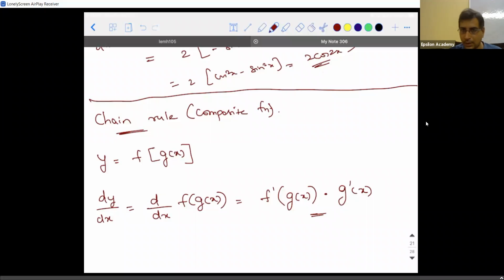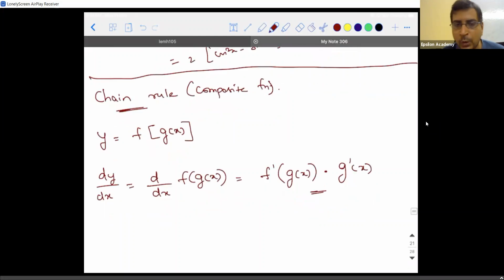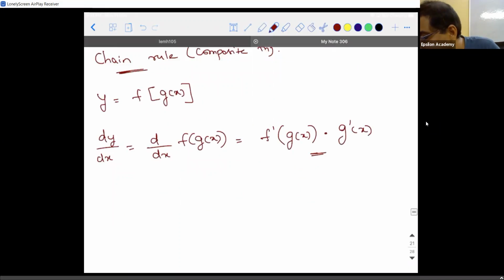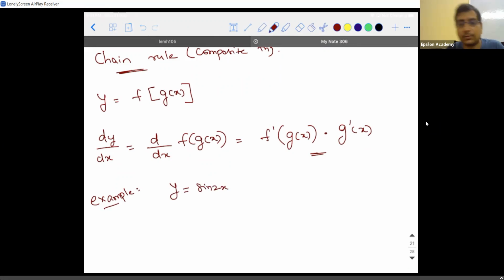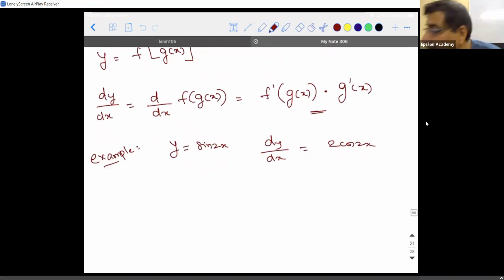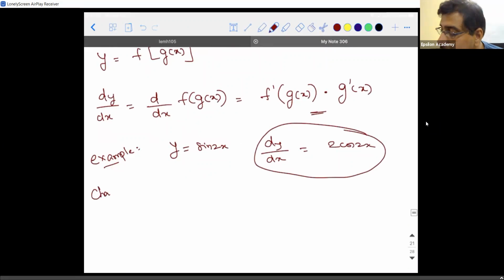The better way to understand this is by taking an example. If I have y is equal to sine 2x, just now we found the value of dy by dx. In other words, what is the answer? You got it as 2 cos 2x. So dy by dx is equal to, what is this actually?